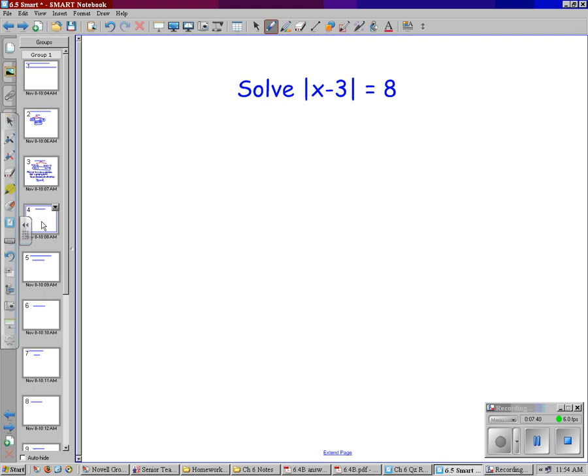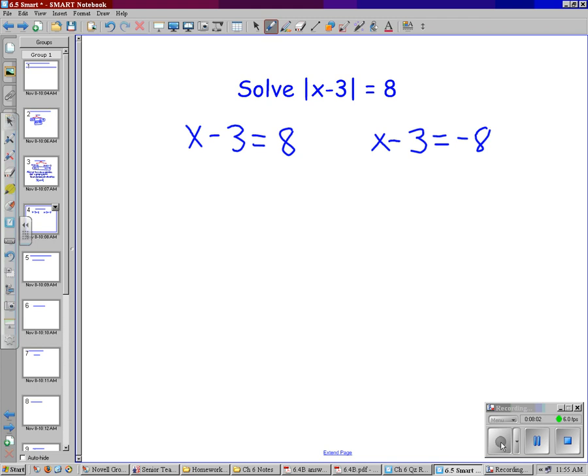I need a volunteer to give me two equations, please. Jack? X minus 3 equals 8. X minus 3 equals -8. All righty. Those are the two equations that we should have.